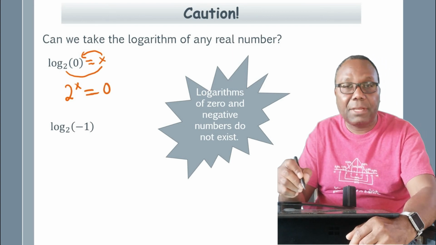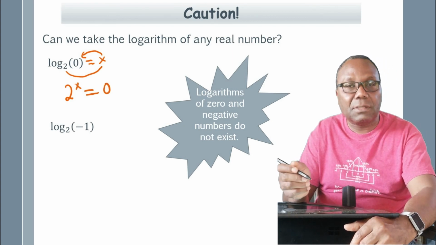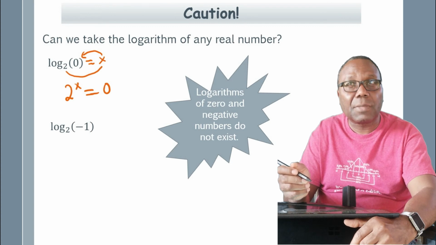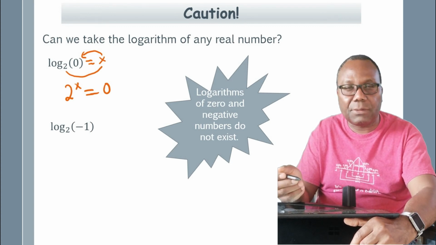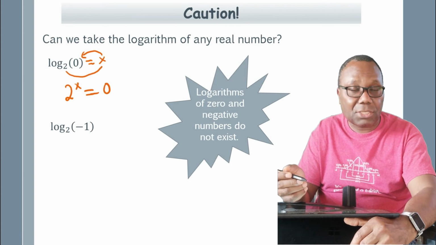Well, we can try different numbers, trying to raise 2 to some number that will give me 0. We discover that there's no such number.